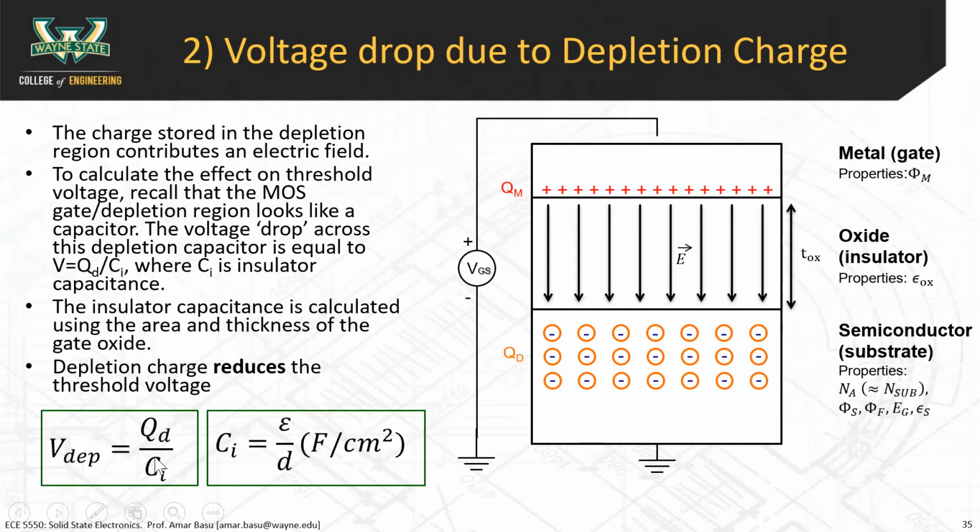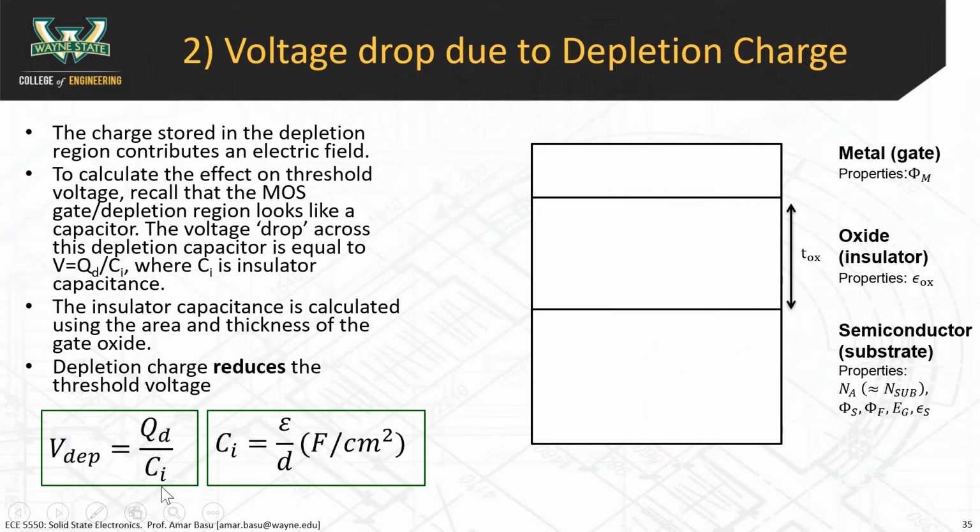That oxide has a certain capacitance associated with it. The unit capacitance is given by epsilon over D. So what does that tell you about the capacitance? Well, the thinner you make your gate oxide, the larger your capacitance is going to be. That's an important point that we'll come back to in a little bit. But the voltage drop across the capacitor is equal to QD divided by CI.